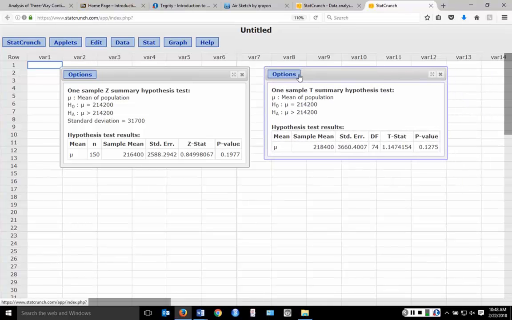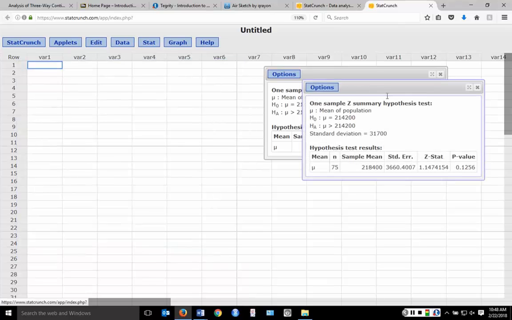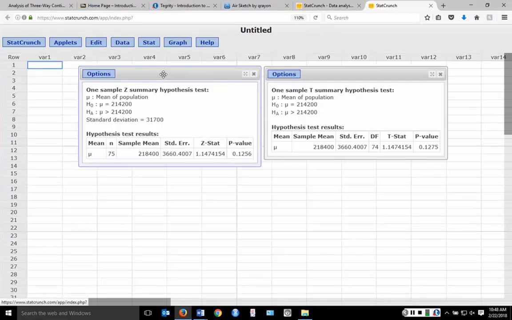So there's that one. I'll change this one to be the same numbers. That's going to be an 18, that's going to be 75 instead. You kind of see how this changes. Again, the z-stat and the t-stat are the exact same number, but notice that the p-value is different.